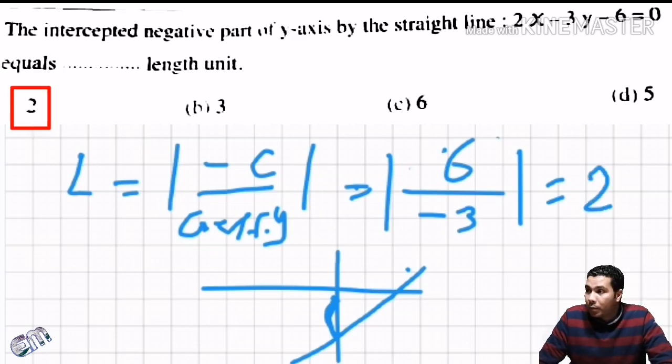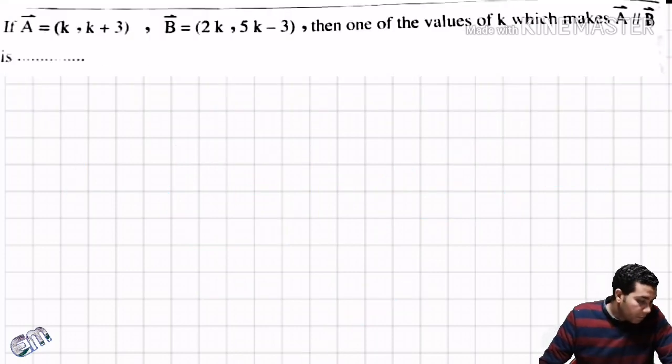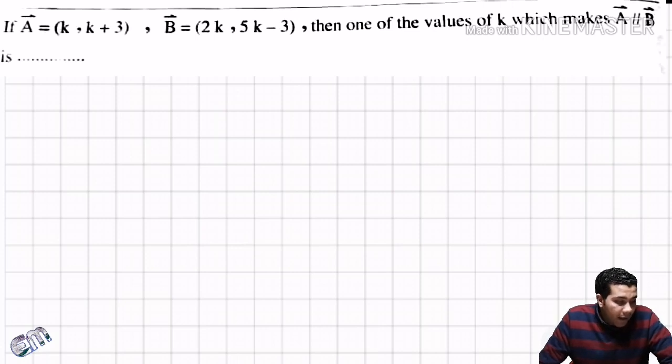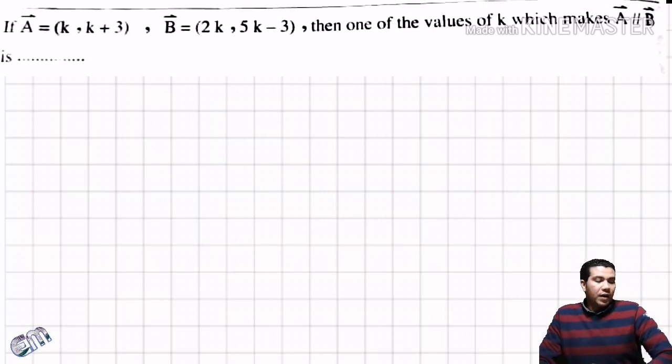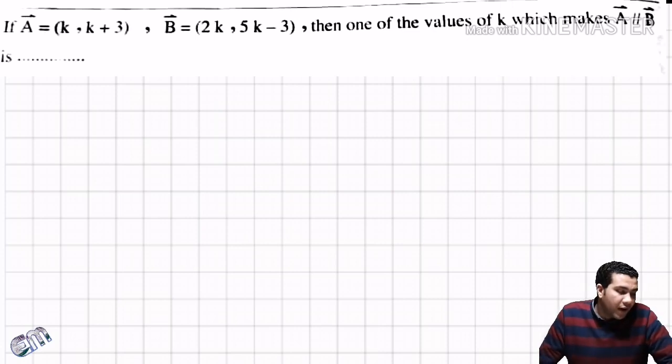Example number 7. If a vector is (k, k+3) and b vector equals (2k, 5k minus 3), then find the value of k which makes the two vectors parallel.